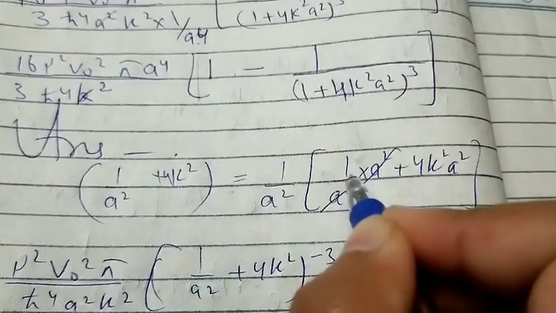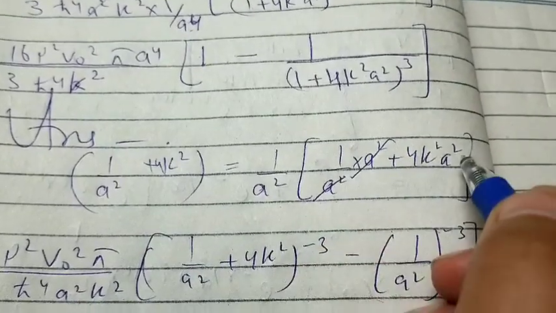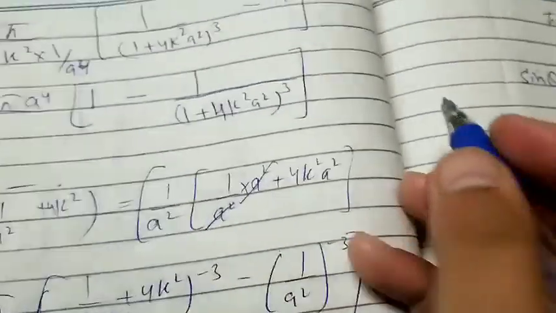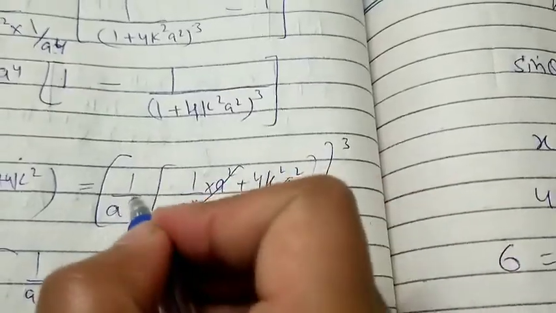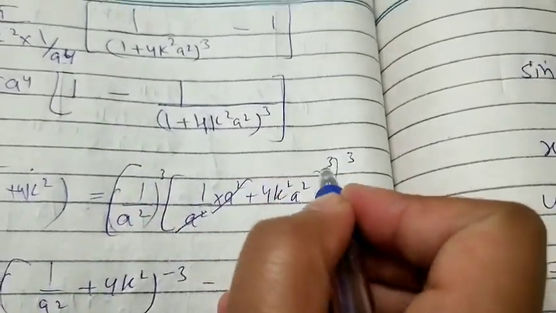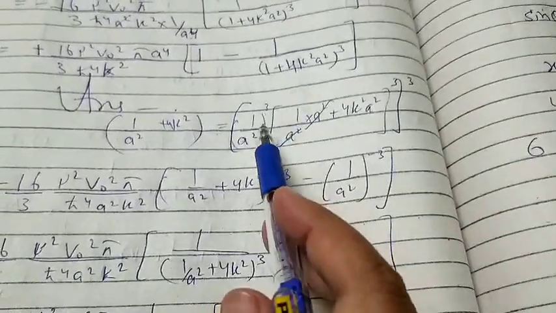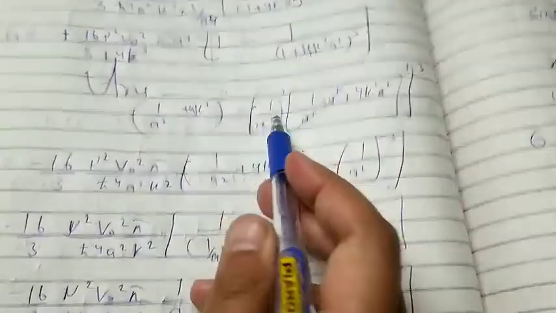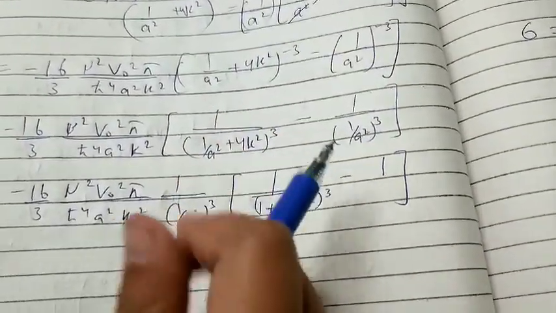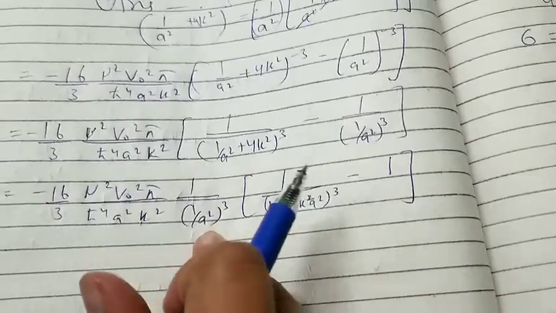This quantity cancels out, that is why it is 1 plus 4k square a square, because the whole thing is inside the cube power, that is why the cube will appear on it and on that too. So 1 over a square to the power 3 is taken common in the denominator. I hope now it's clear. This whole thing is happening in the denominator.